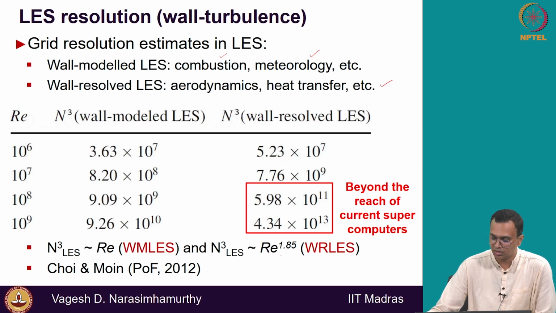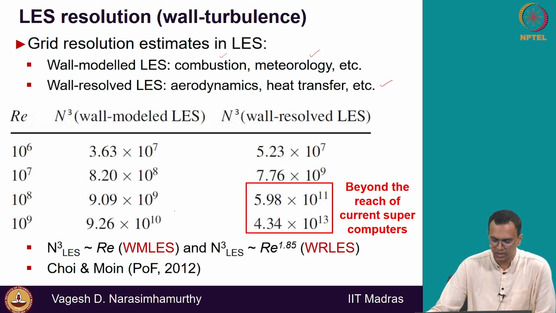So the wall resolved LES is becoming quite expensive, approaching DNS demands. And if I want 1 billion Reynolds number, a typical industrial or an atmospheric flow, you can see that this is the grid requirement. This is beyond the reach of current supercomputers as of, let's say, speaking 2024, right.